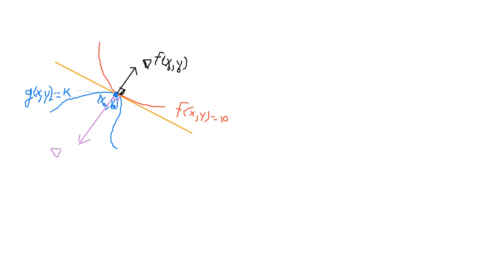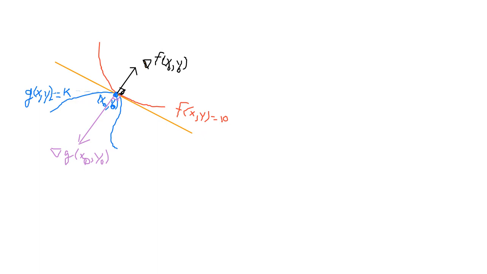Robin's right. That could be the gradient vector for g at x sub 0, y sub 0.